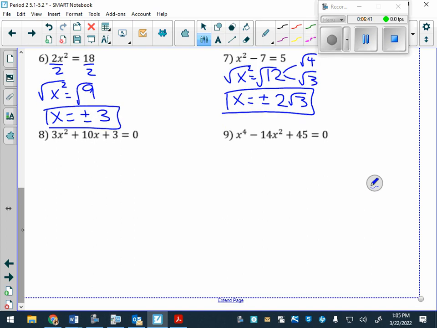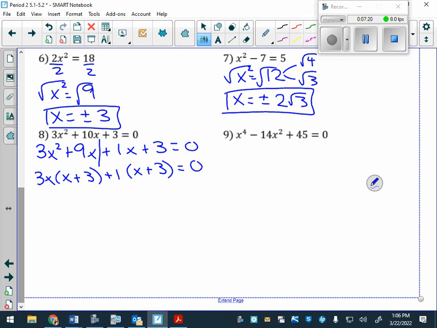All right. Then 8 and 9, we are factoring. How do I factor number 8? Or what are your solutions? Let's go with that. Go ahead, Grace. Excellent. Okay. So we have 3x squared plus 9x plus 1x plus 3. Remembering your factoring. Okay. Split the middle. 3x, x plus 3 plus 1.